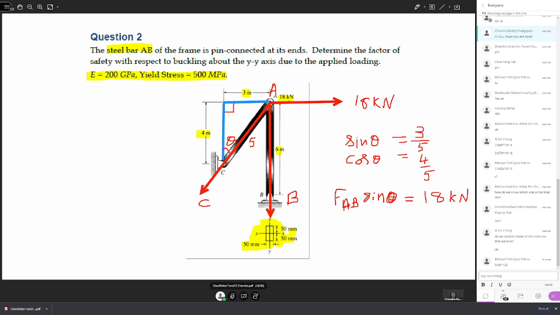Then you can calculate the force acting along AB. So you are resolving the force AB, the x component, acting along the horizontal is FAB into sine theta.